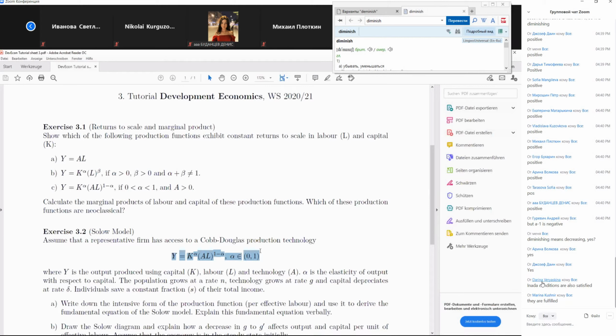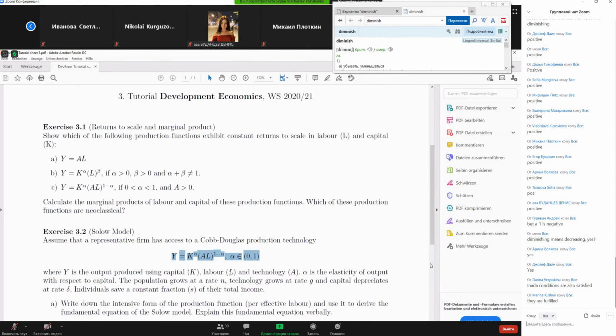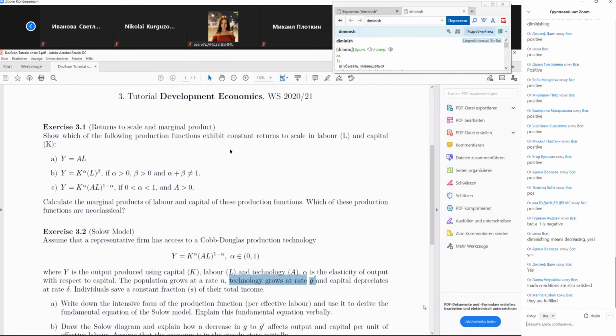And moreover, unlike in the lecture, we also know that it grows at the rate g. You remember at the lecture we said we don't care much about technology because it's constant and we can suppress it. Here we would say no, we cannot just suppress it because it also evolves over time, and we have to acknowledge this fact.